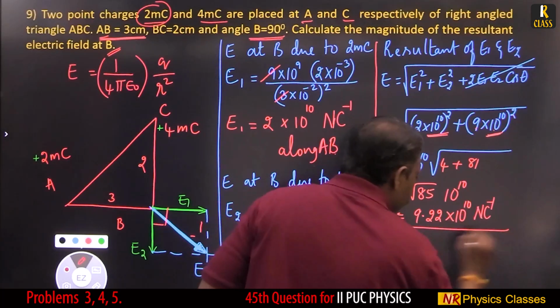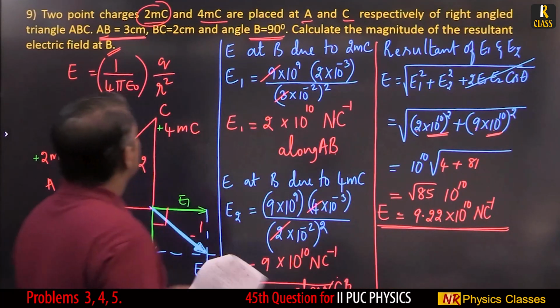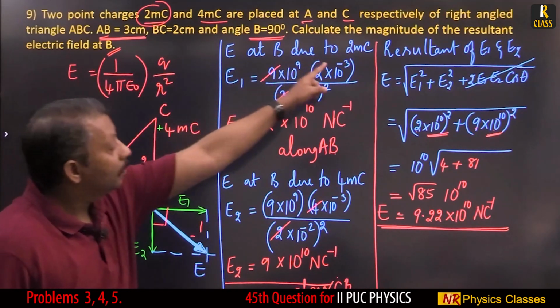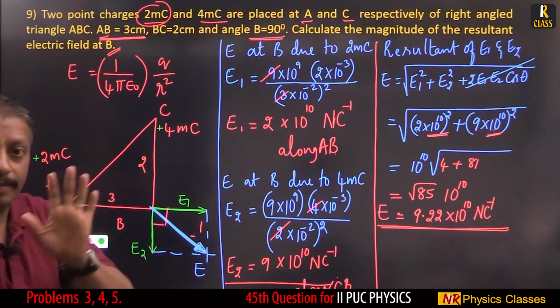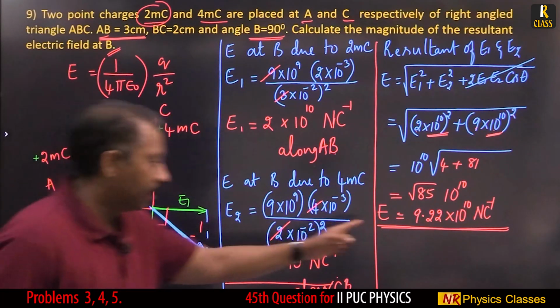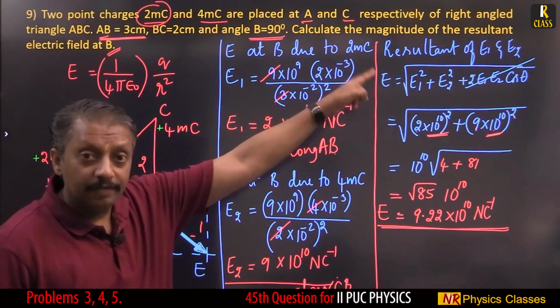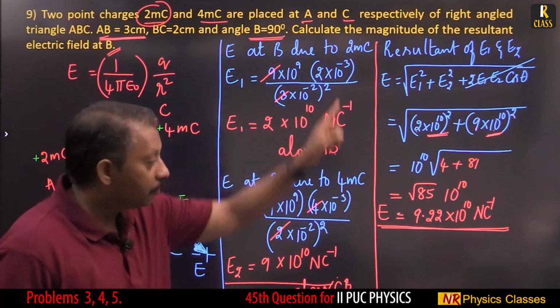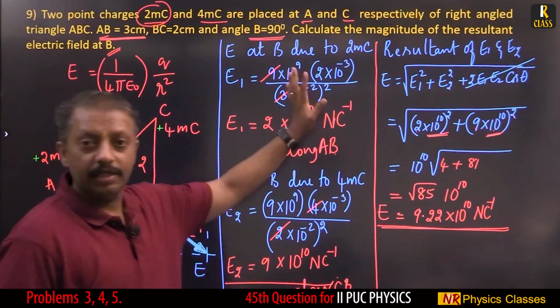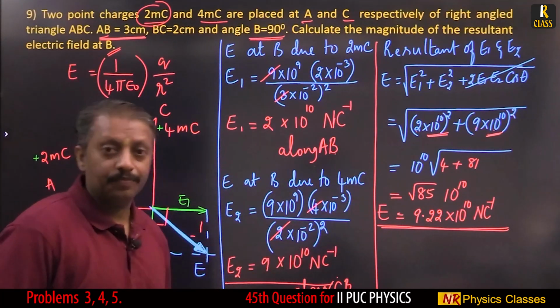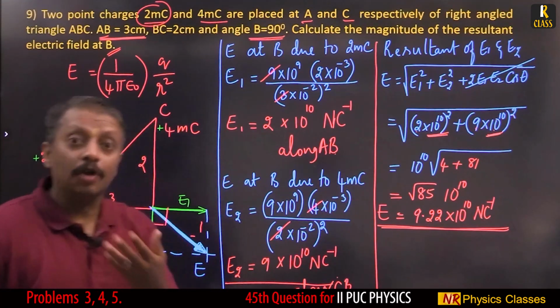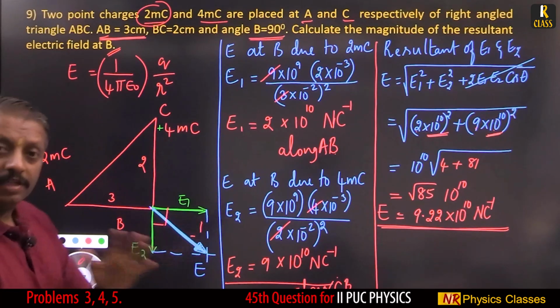This gives the magnitude. Okay, observe the question: calculate the magnitude of the resultant. Only magnitude is sufficient. If they mention calculate the resultant electric field, then you should find the direction also. Here it is not asked, so this is sufficient for 5 marks.